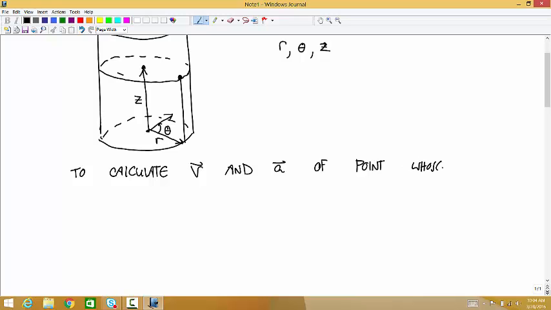So a point whose motion is defined by R, theta, Z. Okay.